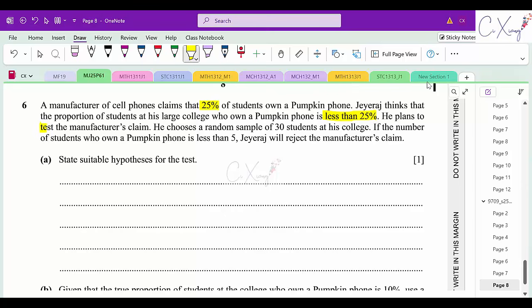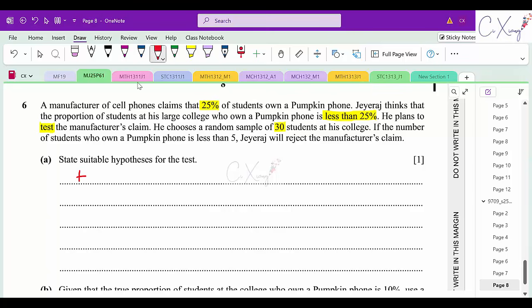So the keyword "less than" might help you set up the alternative hypothesis, right? He chose a random sample of 30 students in his college. If the number of students who own a pumpkin phone is less than 5, then he will reject the manufacturer's claim. State a suitable hypothesis for the test.